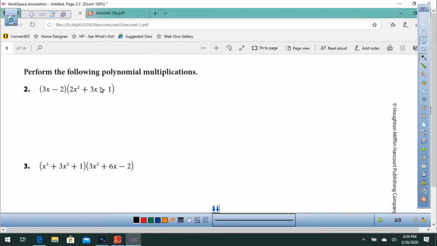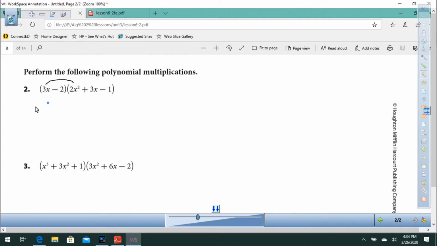One is the distributive method, and that's where you take 3x times 2x squared, and that would be 3 times 2 is 6x cubed. Then 3x times 3x would be plus 9x squared. And then 3x times negative 1 would be minus 3x. And that's the first one.